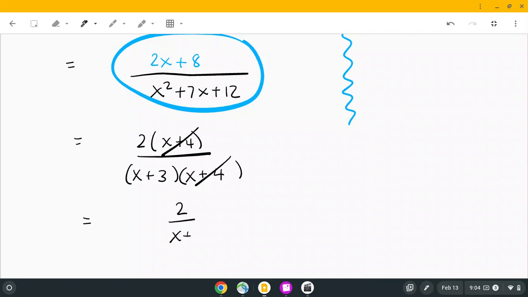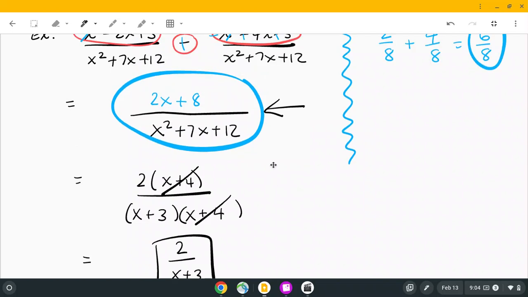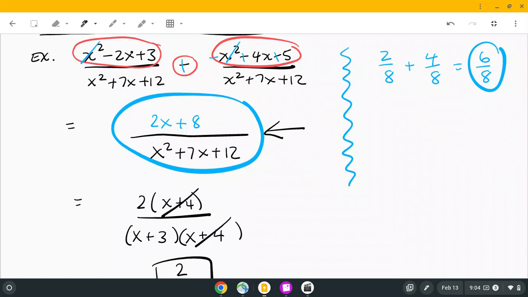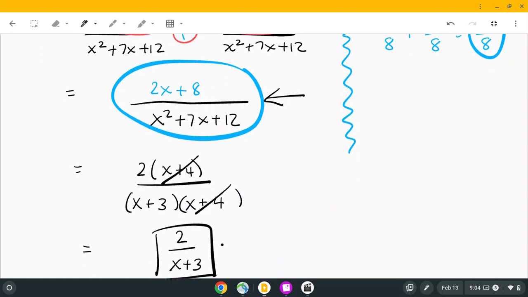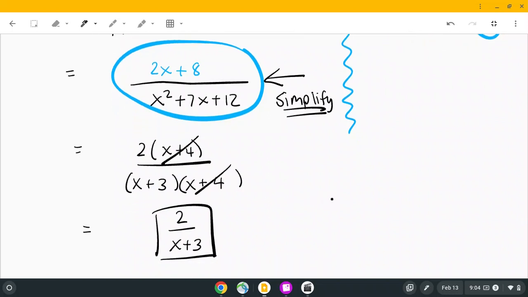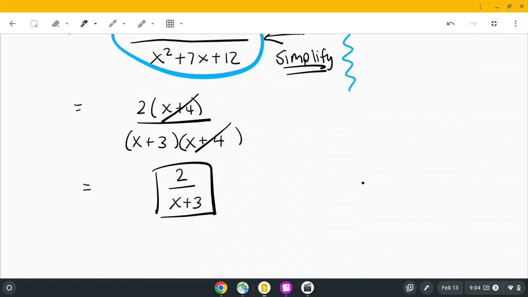So my final answer here is 2 over x plus 3. So don't leave it like this. Okay, combine your like terms and then see if you can simplify it. Okay, so simplify, which means that you have to check to see if they factor and if you have any common factors.